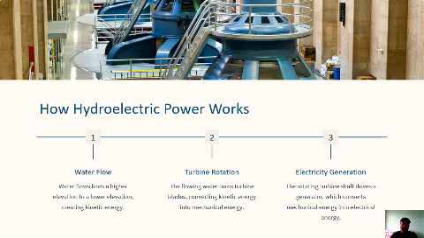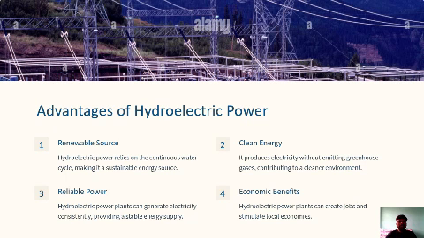Later, the rotating turbine, which is connected to the generator, converts the mechanical energy into electrical energy. This is how electricity is generated from water, a procedure called hydroelectric power generation.